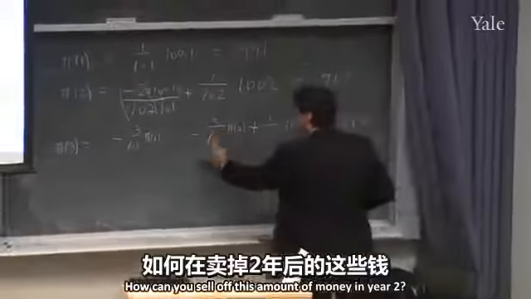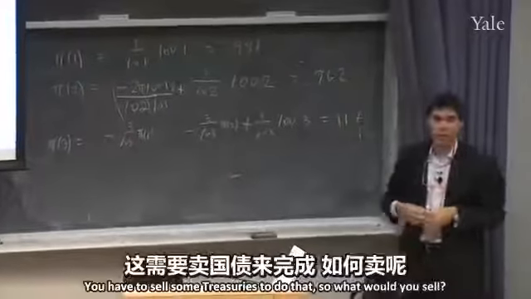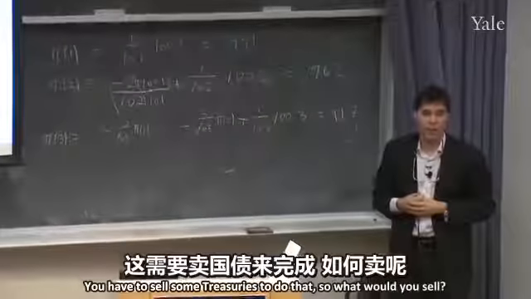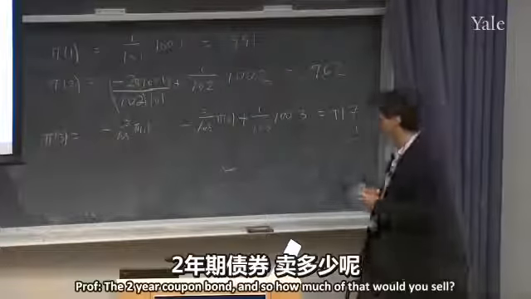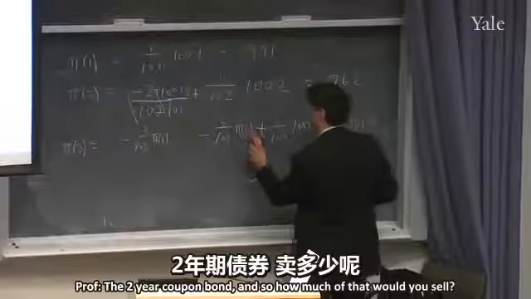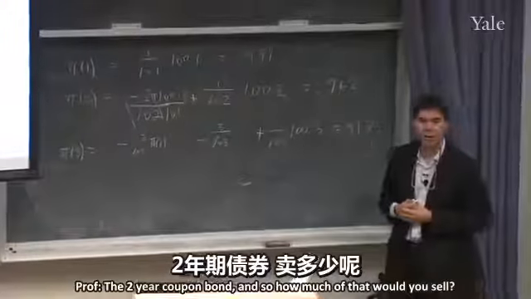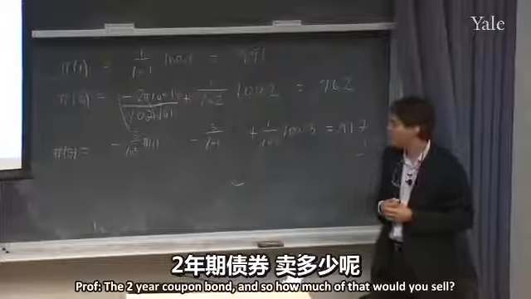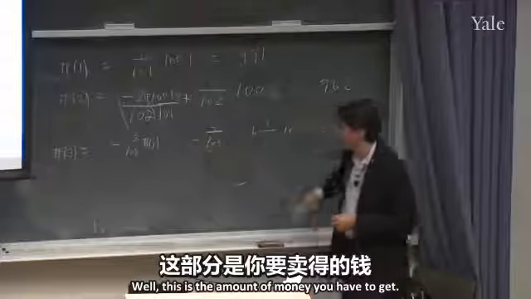How can you sell off this amount of money in year 2? You have to sell some treasuries to do that. So what would you sell? The 2-year coupon bond. And so how much of that would you sell? Well, this is the amount of money you have to get.